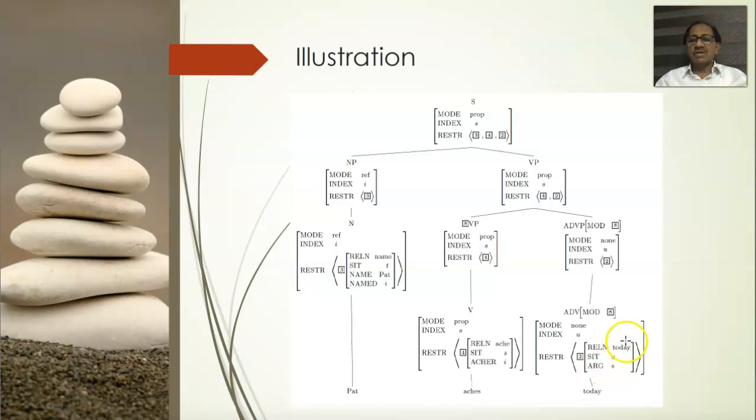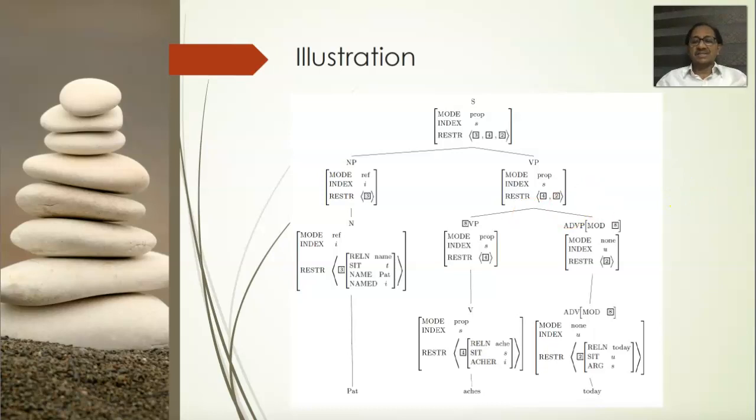Which argument? The argument of today. That is the argument which today modifies, that is here. So if you look at its index, the argument which it modifies, or the VP which today modifies, has the index S. So it's the same index as this, right? It is identical. So that's how we show that the adverb today modifies the VP, right?